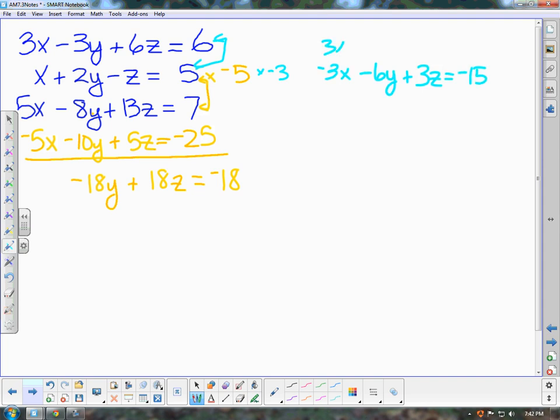Keeping the first equation the same, and now adding those two things together, the x's again go away. That's a -9y plus 9z equals a -9.